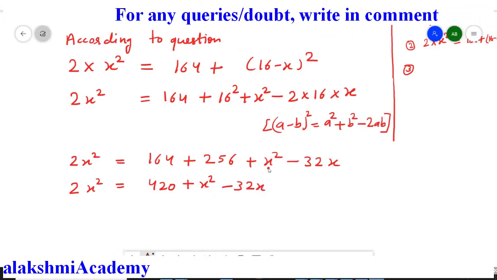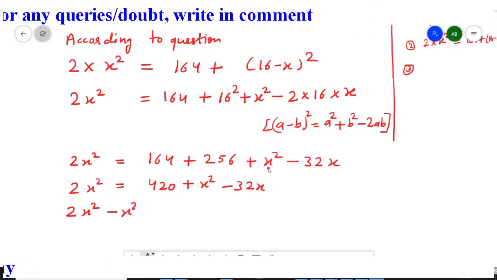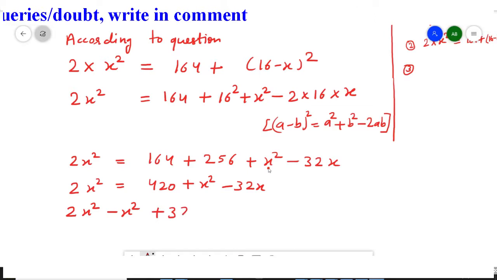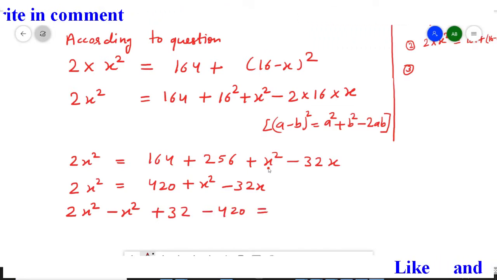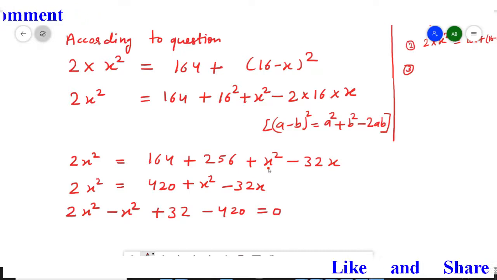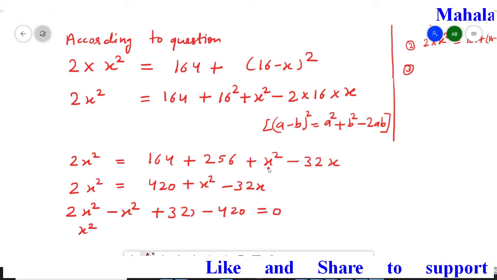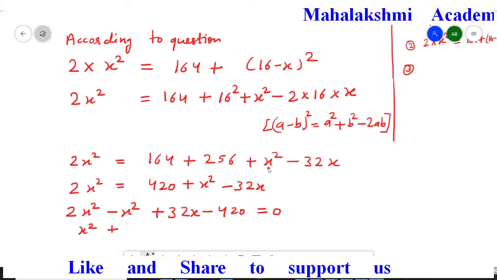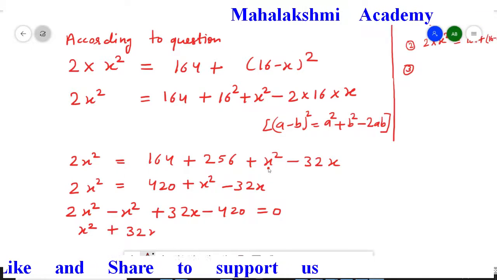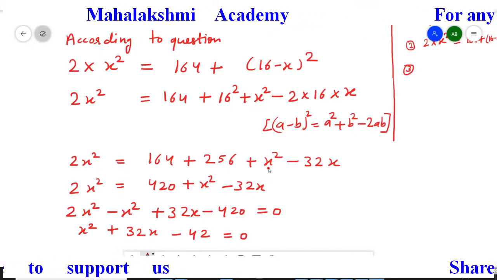Now we have to shift every term to this side, so we'll get 2x square minus x square plus 32x minus 420 is equal to 0. Further when we simplify we'll get x square, here I forgot x, so x square plus 32x minus 420 equal to 0.